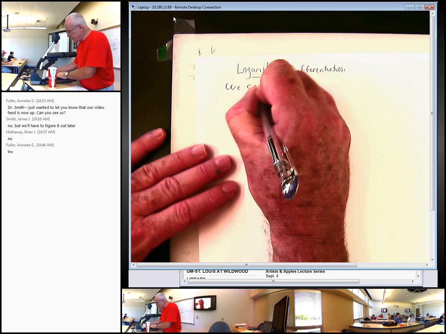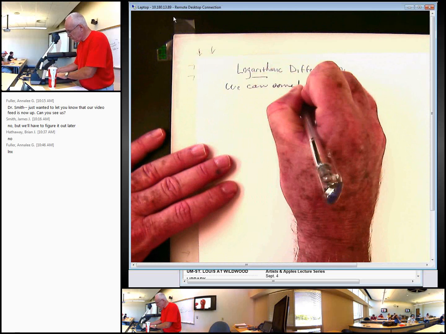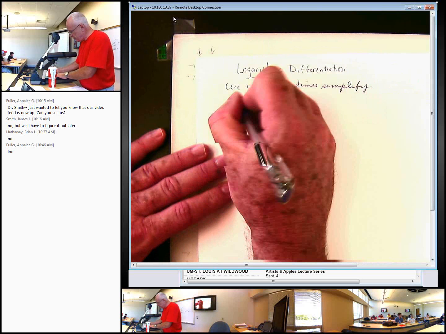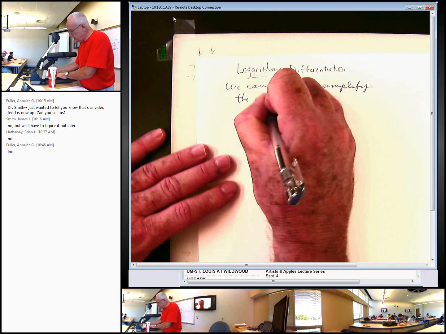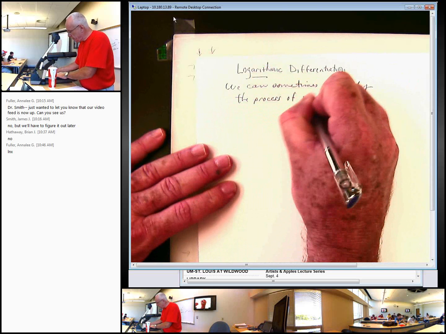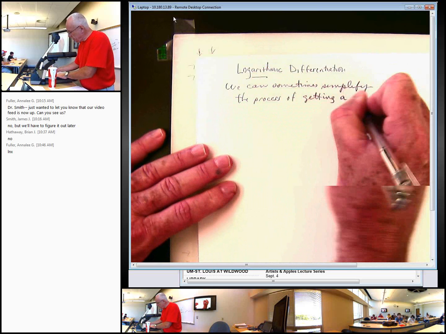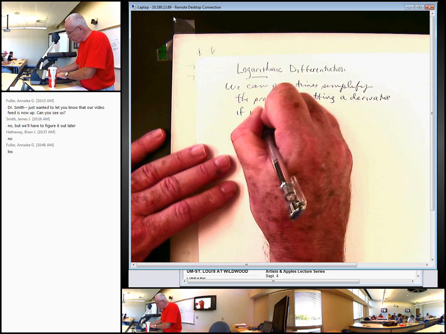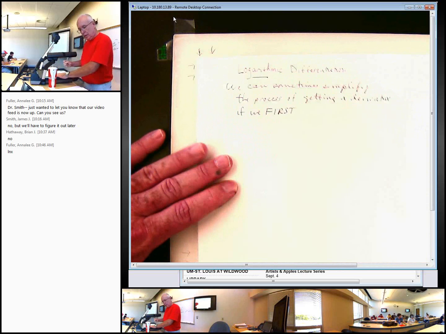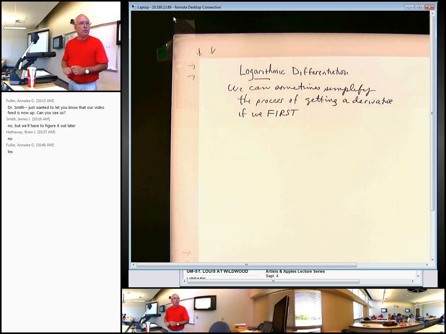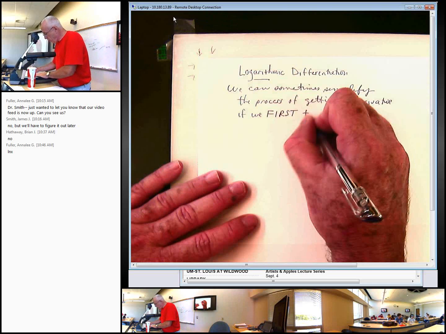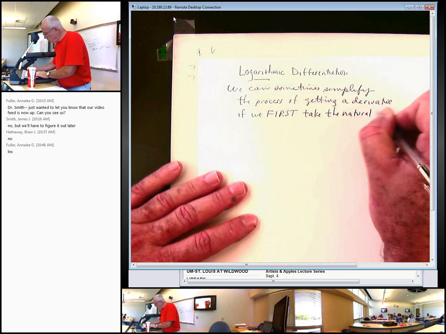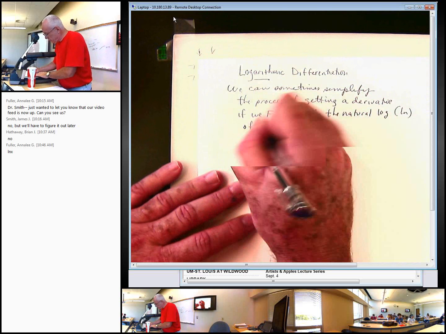We can sometimes simplify, and that's a good word in my vocabulary, simplify the process of getting a derivative, if we first take the natural log of both sides. First take the natural log, ln, both sides.